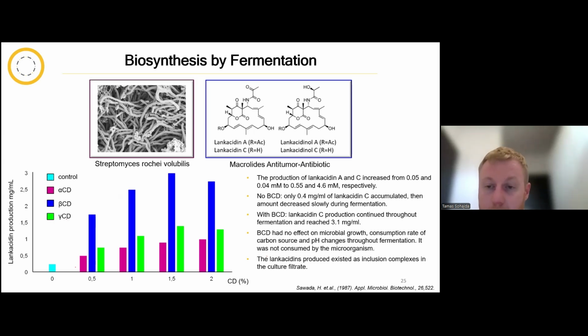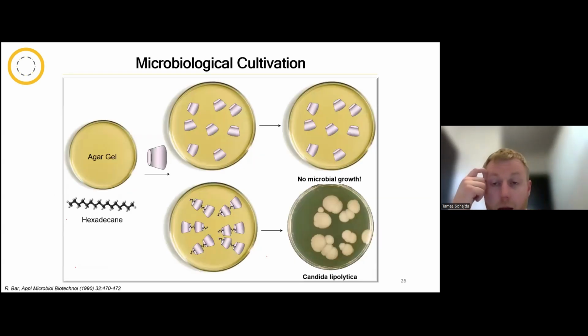In another example, what we can also achieve with cyclodextrins is that we can have higher doses of the raw materials available for the process, which is of course a very straightforward application that can also contribute to an improved production. In some cases, cyclodextrins are also used for cultivation.